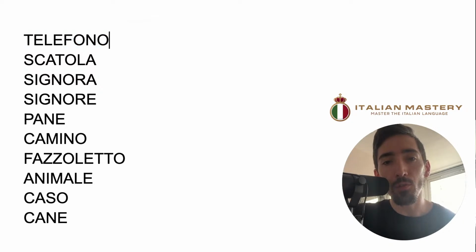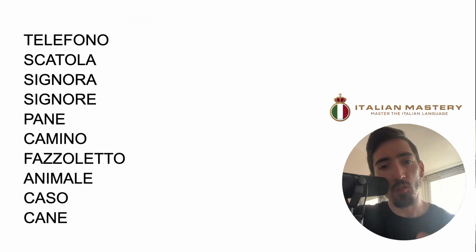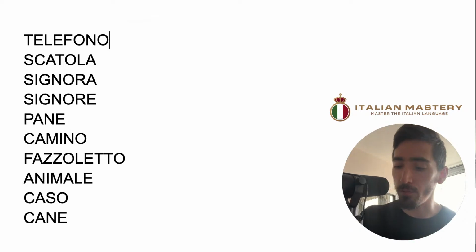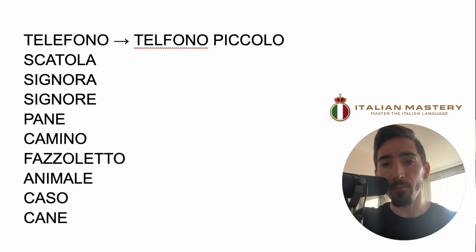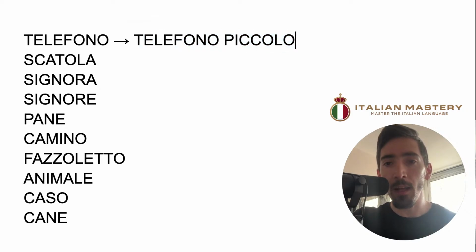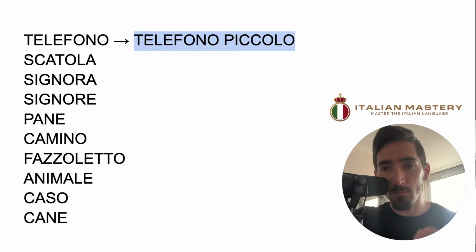If I wanted to say small phone, a cell phone, for example, of course I could use the adjective, telefono piccolo. Now this means small phone, literally. How would we achieve the same effect by altering the noun as opposed to adding an adjective?